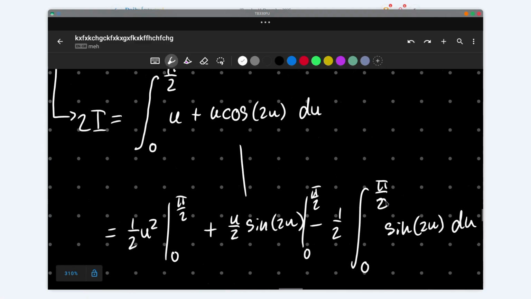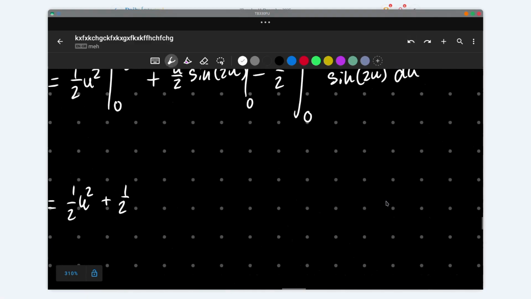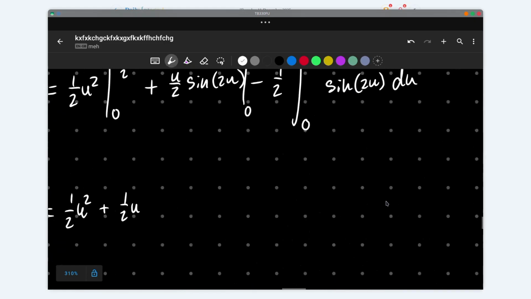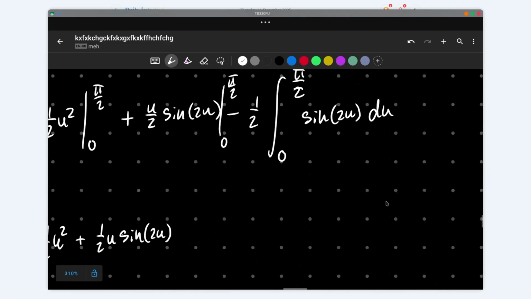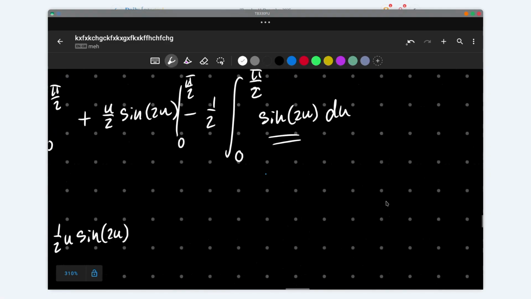That part, yeah, that's fine. 1 over 2 u sine 2u. And then this, when integrated, gives you a negative, which would become a positive.